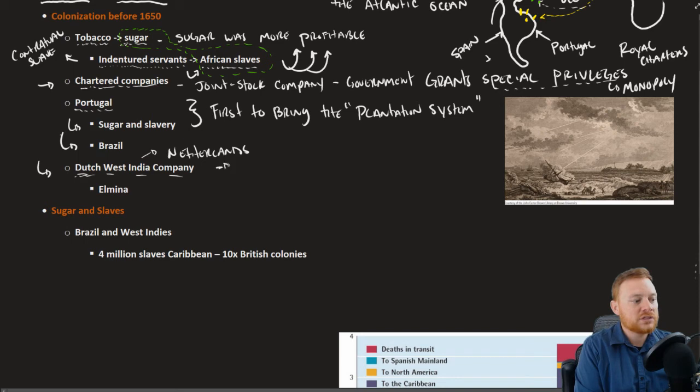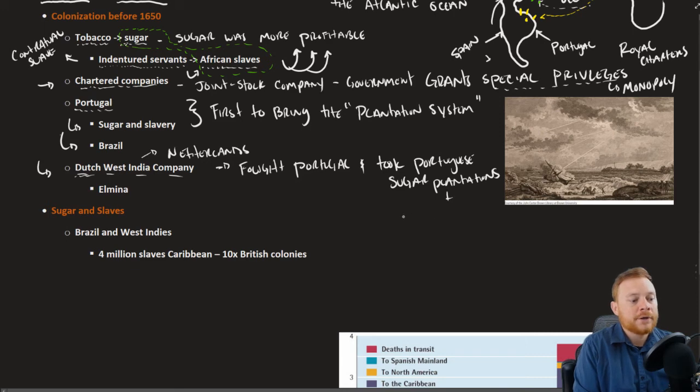The Dutch West India Company fought Portugal, and at least for a temporary time, took Portuguese sugar plantations. Also took over Portuguese African slave trade.